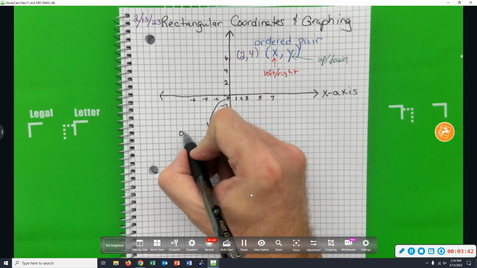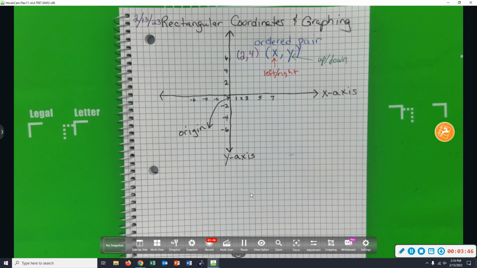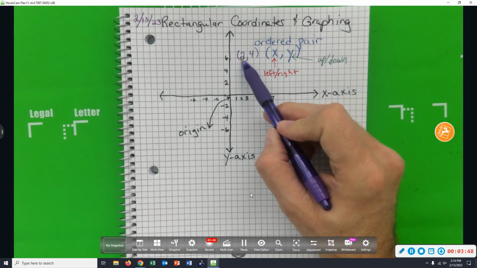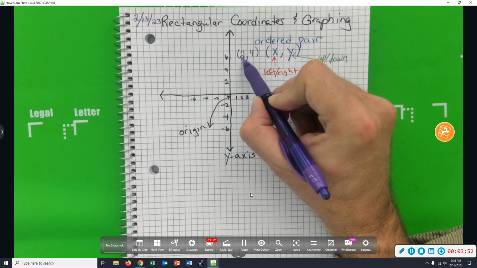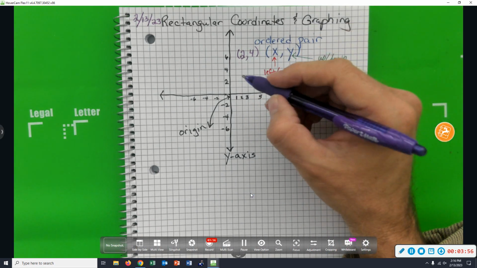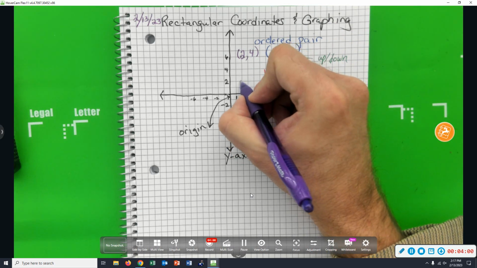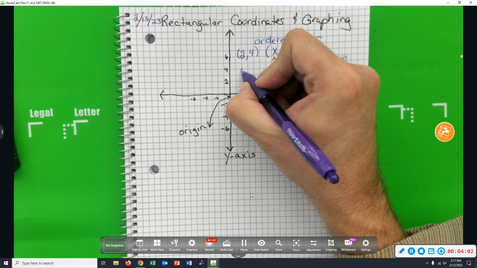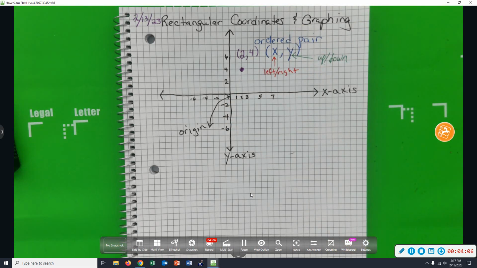That's called the origin. That's where you start to locate the ordered pair (2, 4). The first number is right or left, the second number up or down. So we're moving right 2, up 4. Right 2, up 4.